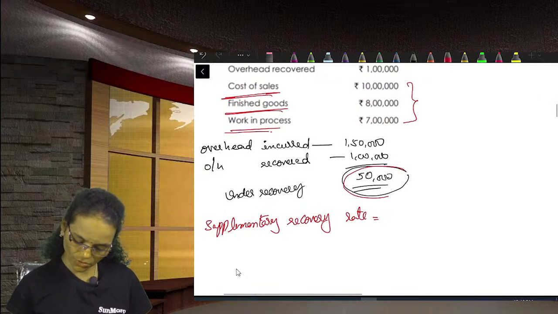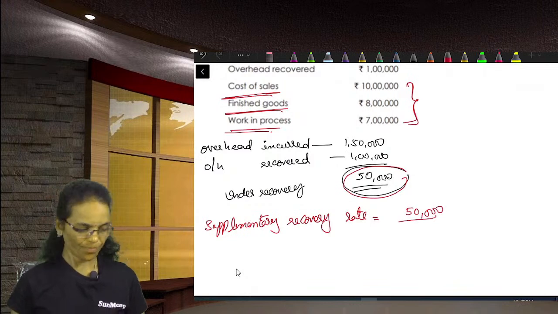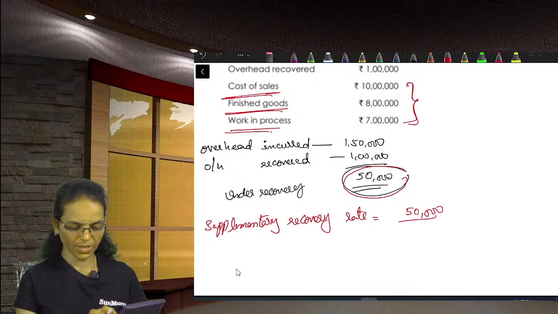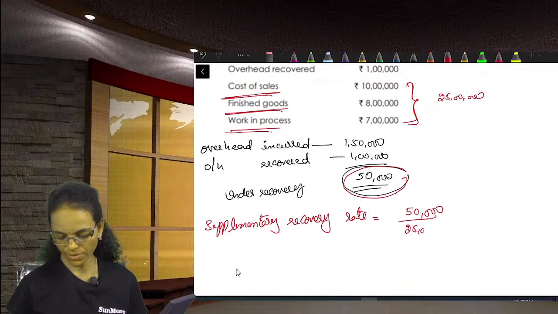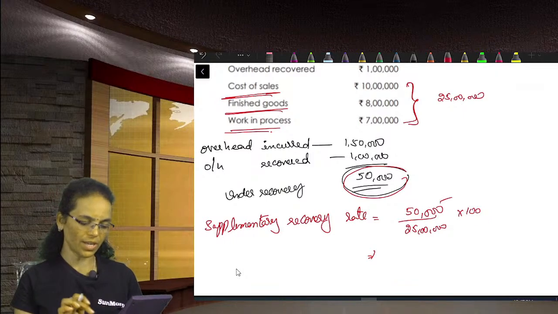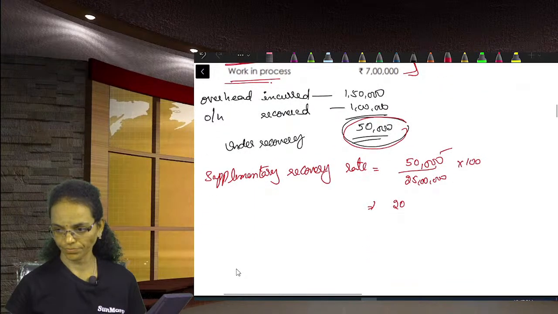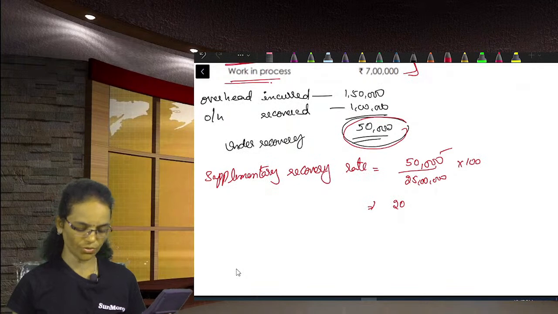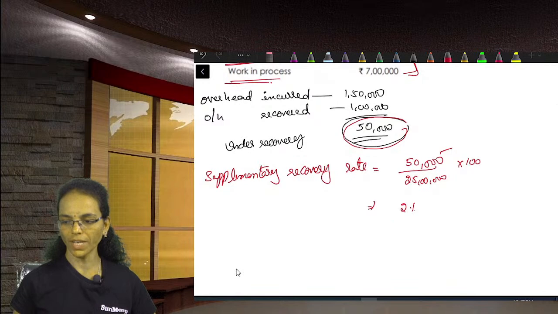This 50,000 rupees we need to recover from these three. 10 lakhs plus 8 lakhs plus 7 lakhs, total is 25 lakhs. So from this 25 lakhs we need to recover 50,000. 50,000 divided by 25 lakhs into 100% is nothing but 2%.